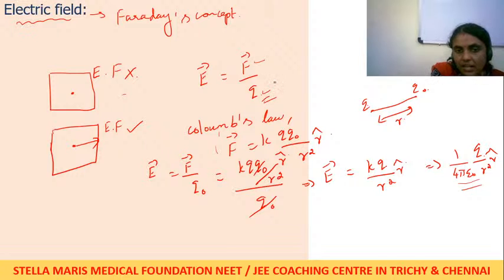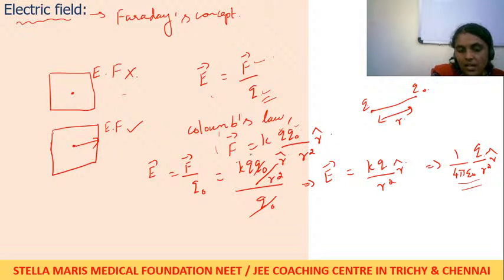So the force experienced per unit charge is known as electric field. When the electric field is present, the electron will experience an attraction or repulsion force. If no electric field is present, there is no movement in the electron. The formula for electric field is F vector divided by q. According to Coulomb's law, F vector equals k q q naught divided by r squared, where I have taken the charges as q and q naught.